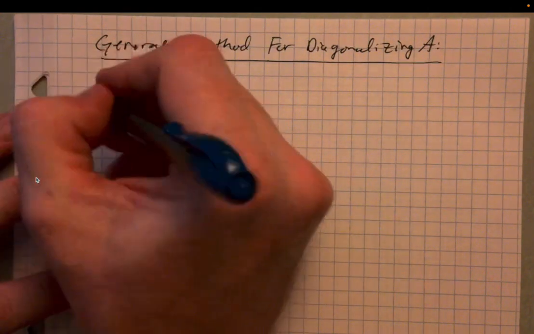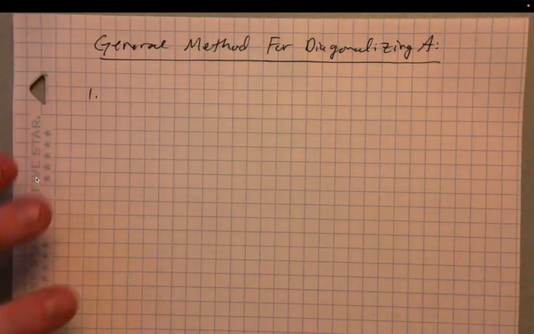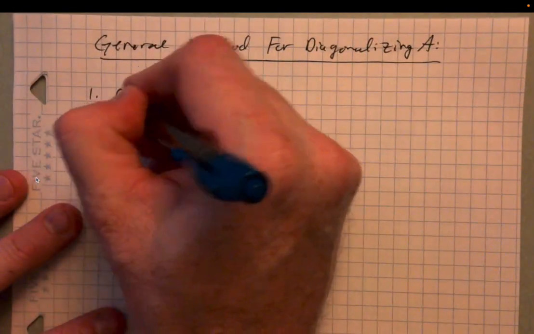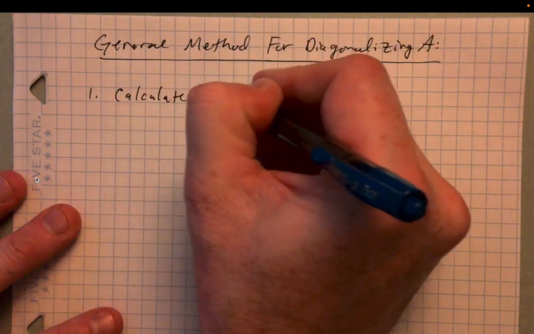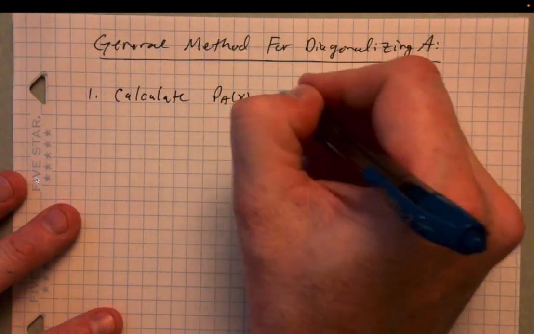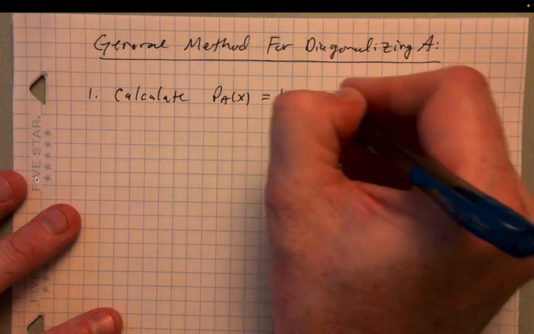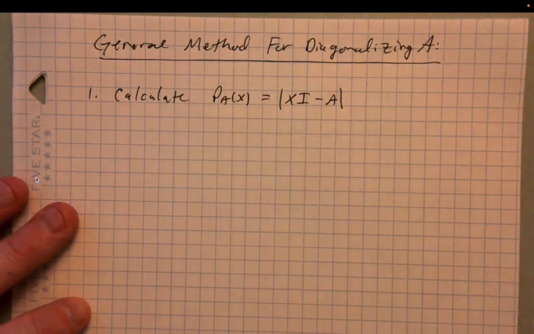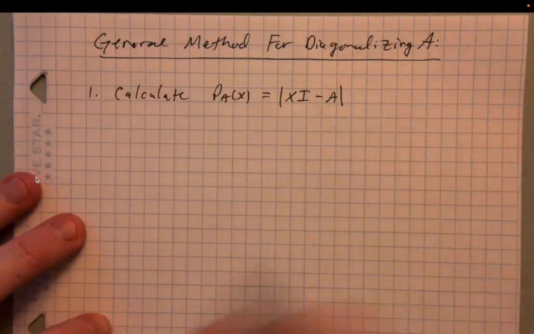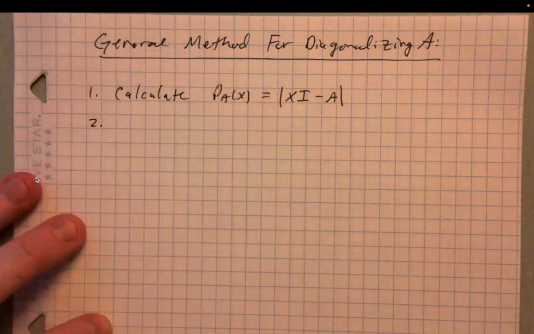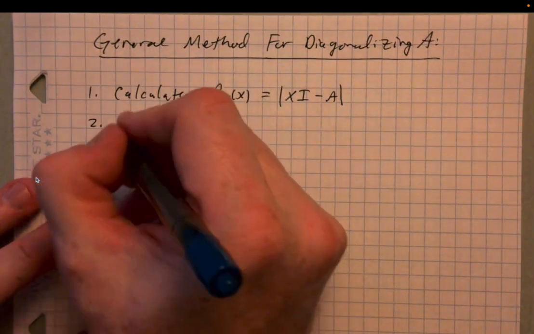The first thing we have to do is calculate the characteristic polynomial, because we need to know the eigenvalues. That's x times the identity minus A. So we start with that, and this is to identify the eigenvalues. Step 2 then is to find the eigenvalues, so find all the real roots.